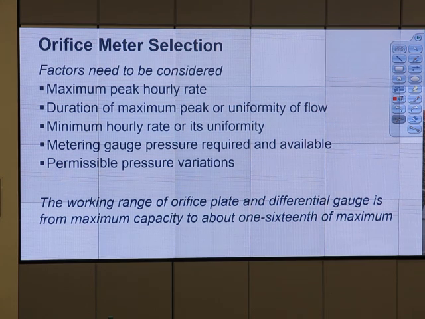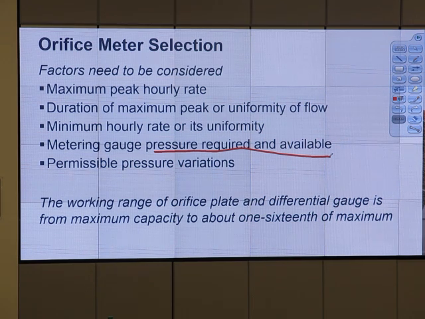You need to know the flow rate to select the meter run orifice plate. The duration of the maximum or peak, or uniformity of the flow. Minimum flow rate, maximum flow rate. Metering gauge pressure required and available. Permissible pressure variation, how much pressure drop we expect.